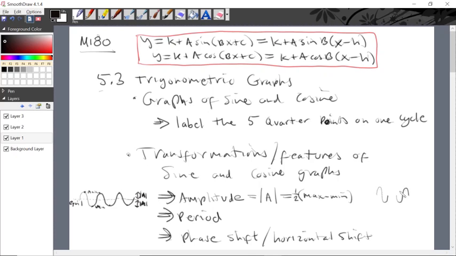Both of these would be represented by sine waves, but here we would have an A value that is greater than 0, and here we would have an A value that is less than 0. And that's for y equals A times the sine of x, not dealing with any other quantities there. So if A is negative, we get a vertical reflection.